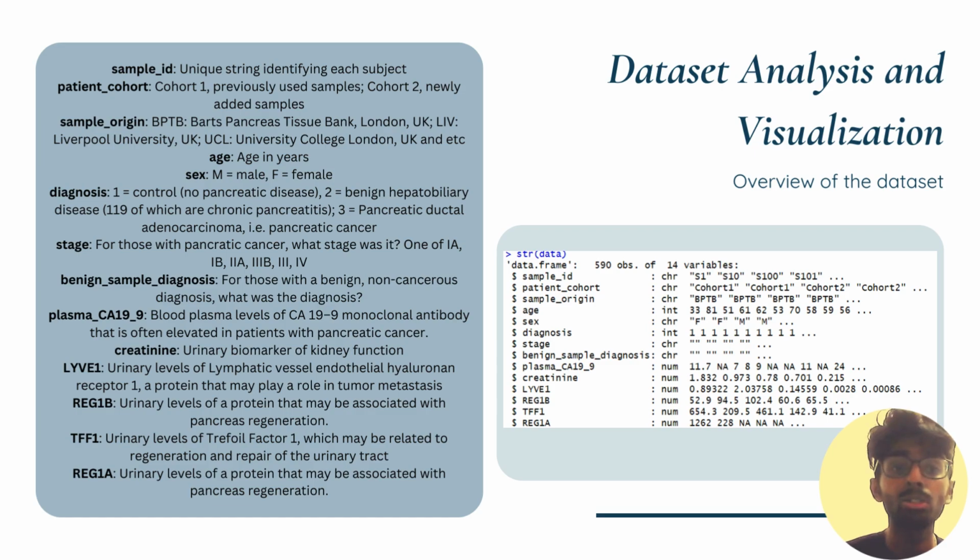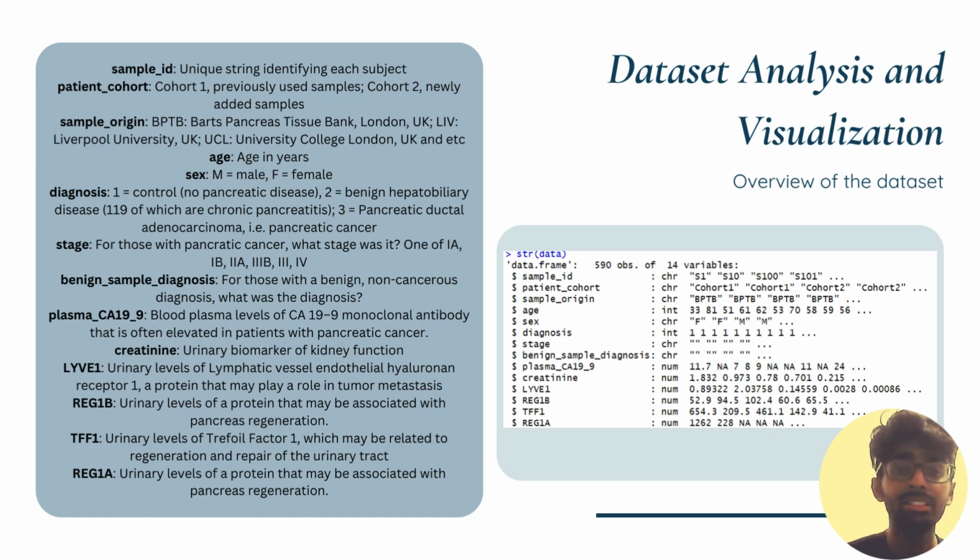This is to detect the urinary levels of a protein that may be associated with pancreas regeneration. And next, we have the TFF1. This is to detect the urinary levels of trefoil factor 1, which may be related to regeneration and repair of the urinary tract. And last but not least, we have the REG1A, which is to detect the urinary levels of a protein that may be associated with pancreas regeneration.